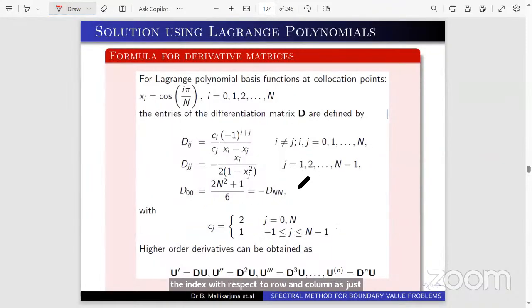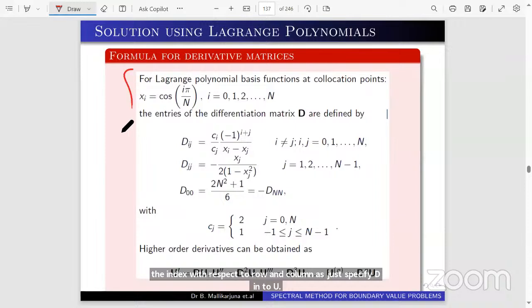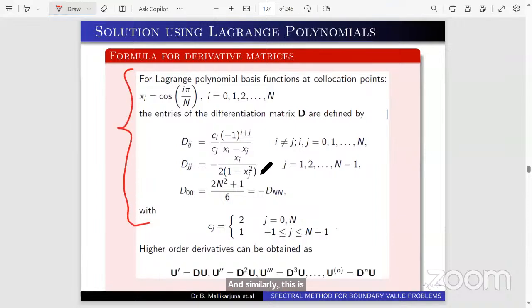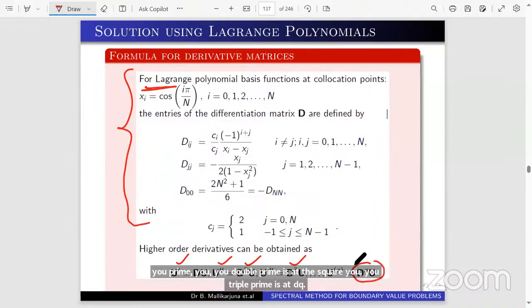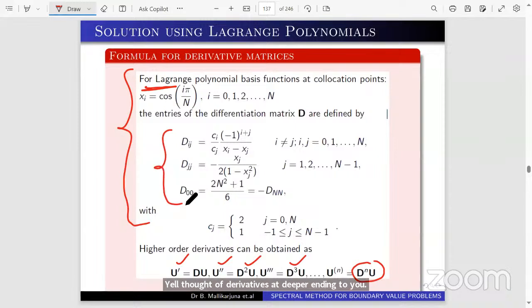And similarly, this is the algorithm for writing the derivative matrix for the Lagrange polynomials. Then u prime is du, u double prime is d square u, u triple prime is d cube u, and the nth order derivative is d power n into u. This is just like a recurrence relation for any order of the derivative.